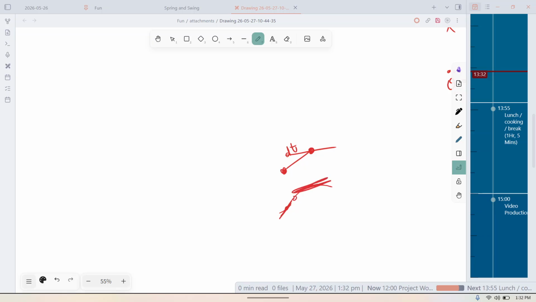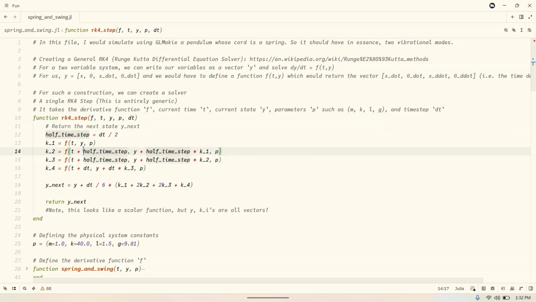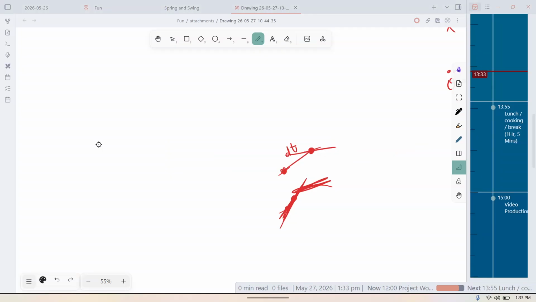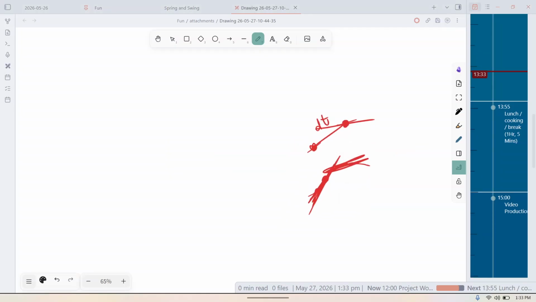And so the average slope over the entire journey is more like the average of the slopes here and here, right? That's the general idea. In essence, RK4, instead of going the full way through, takes a half step, so it goes halfway through and sees what the slope is here.